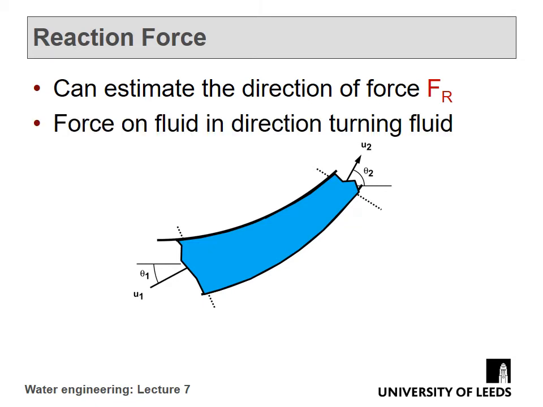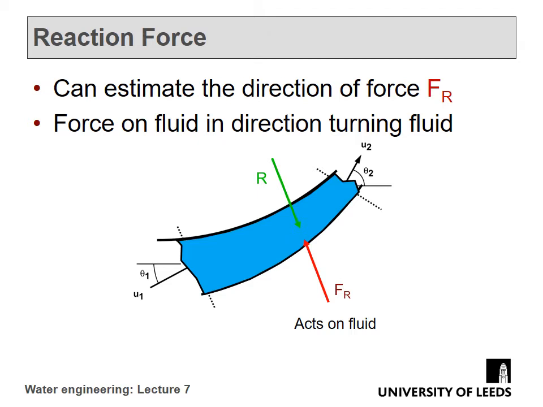So here's the general picture. Force is in the direction turning the fluid. So this fluid is going round a bend. So let's see, where would you expect a force acting on the fluid? We're pushing it in that direction round the bend. It acts on the fluid, turning the fluid and squeezing the fluid.